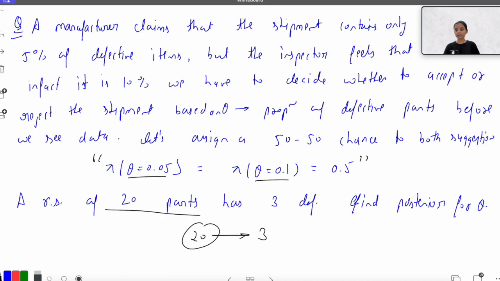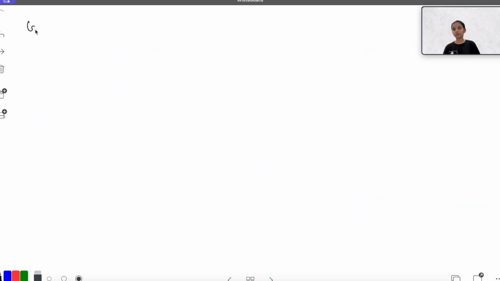Okay, so basically given the information about theta, firstly we need to find out what will be the distribution of number of defective parts.